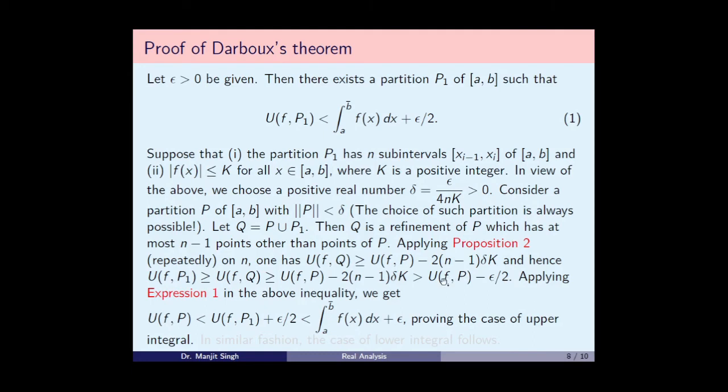Now from here you can see UFP is less than UFP1 plus epsilon by 2, and from expression 1 this inequality appears after substituting the larger value of UFP1. So this proves the result for the upper sum, because there is a partition P whose norm is less than delta, and there are infinitely many such partitions. In similar fashion we can prove the result for the lower integral also.